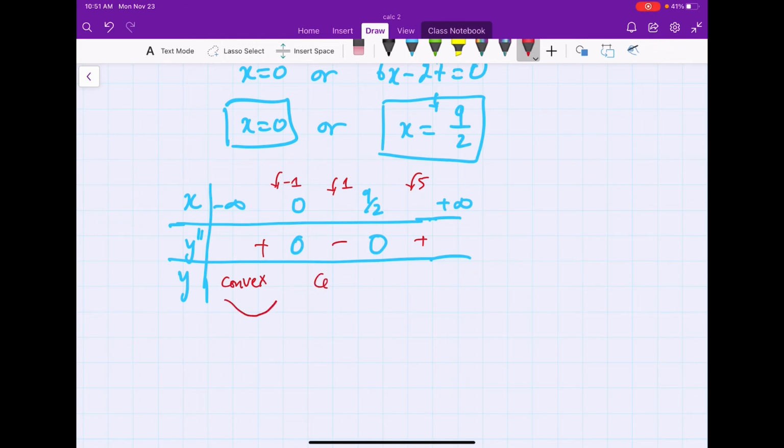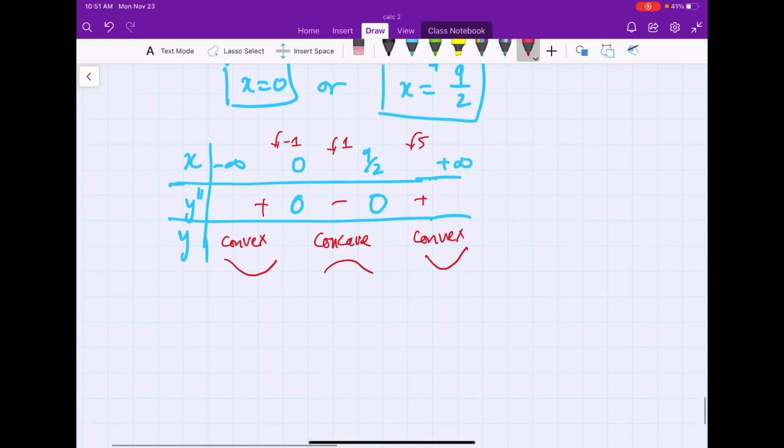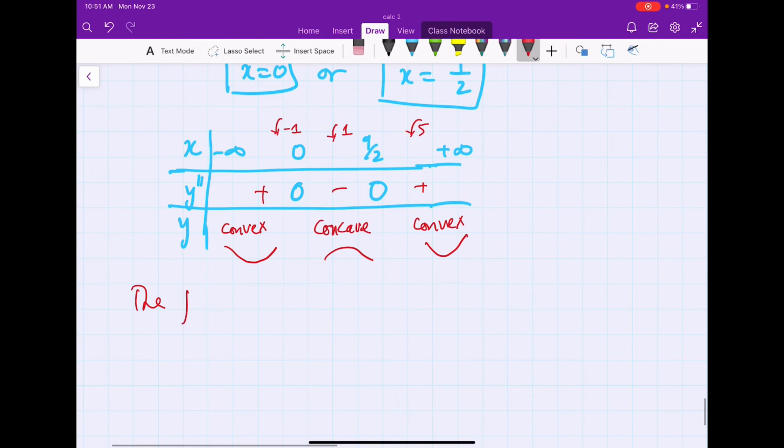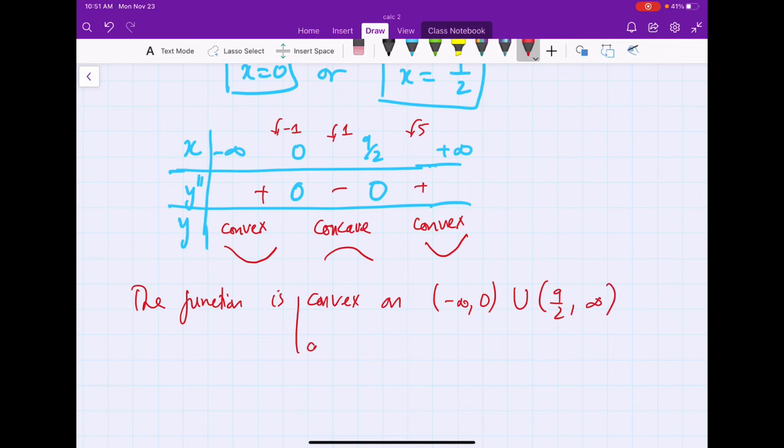The function is concave, looks like this. And the function is convex in here, looks like this. I can write the answer. The function is convex on -infinity to 0 union with 9/2 to infinity, and concave on 0 to 9/2.